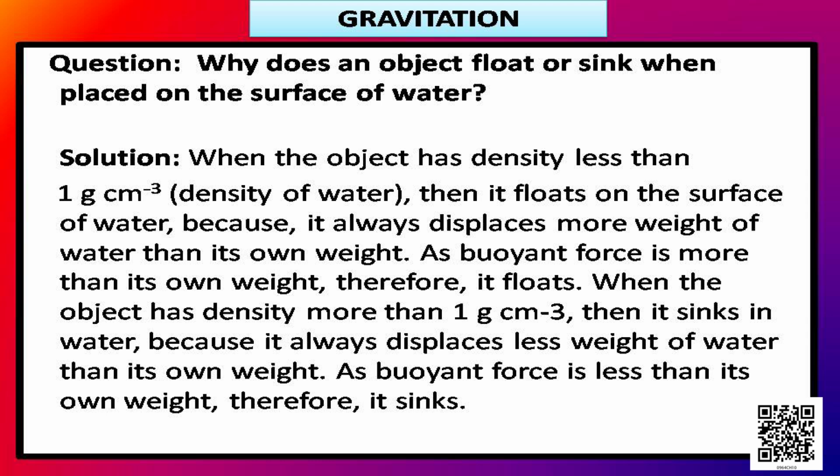As the buoyant force is more than its own weight, therefore it floats. When the object has density more than 1 gram per centimeter cube, then it sinks in water because it always displaces less weight of water than its own weight. As buoyant force is less than its own weight, therefore it sinks. Okay? Hope you have understood the solution of the questions.